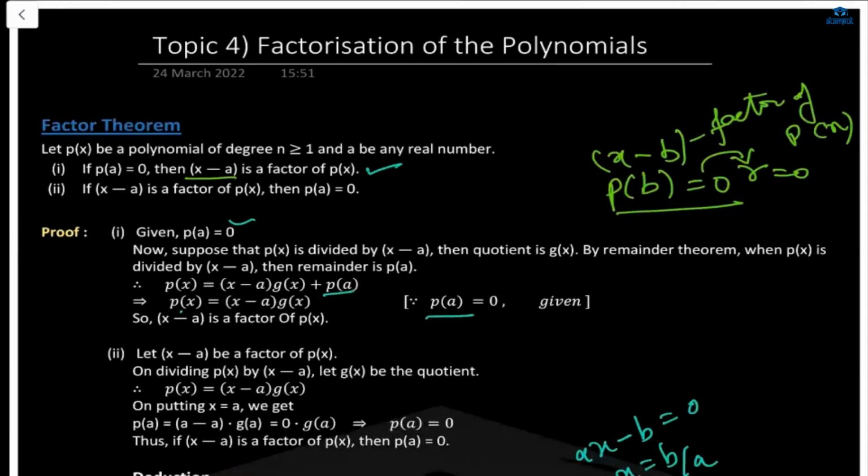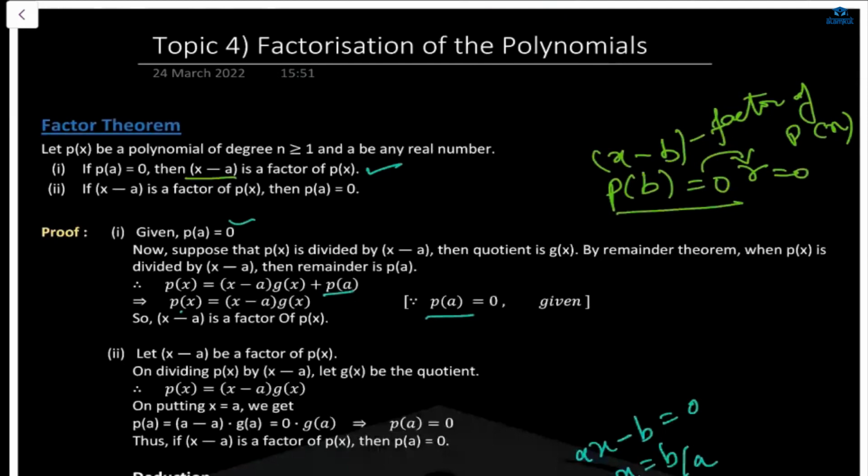Okay, let me rejoin. Okay, Sharon. So in factor theorem, we are actually talking about the factors. Okay, and now we'll be taking a polynomial. So proper polynomial means at least the degree should be 1. Okay, it can be greater than 1, but the minimum should be 1.